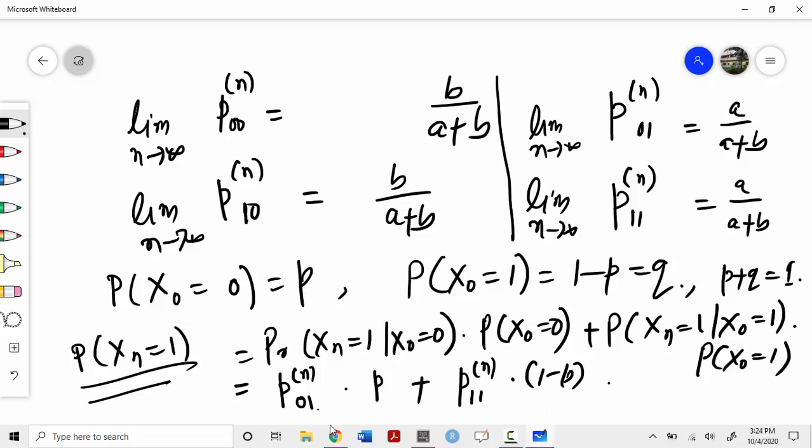Now you can follow a similar way to find the n-step transition probability matrix when the one-step transition probability matrix is given to you. The procedure is the same.